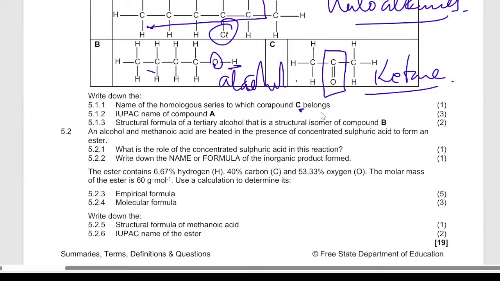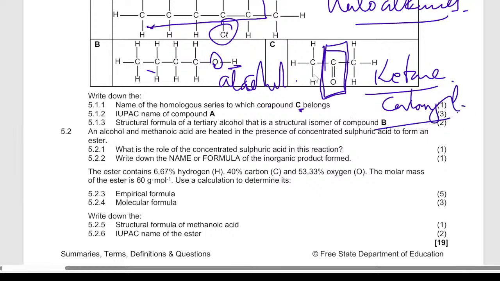Carbonyl. Is it clear? Yes, they are carbonyls. So when they ask you the functional group, this is the functional group, the one I've circled. It's a carbonyl.